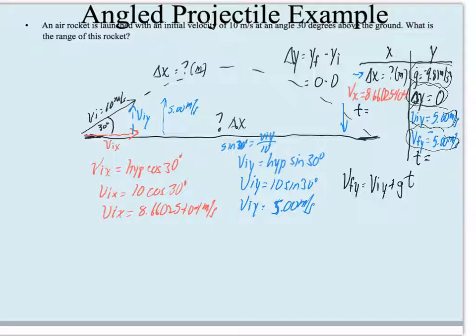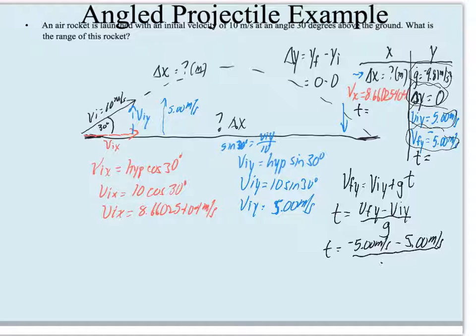And now I'm going to solve for t, so t would equal, got to subtract the Viy to the other side, and then divide by g. So t equals negative 5 meters per second. Remember that negative sign is there because we added it because it was going the opposite direction on its way down, minus 5 meters per second, that was the initial velocity, divided by negative 9.81 meters per second squared.